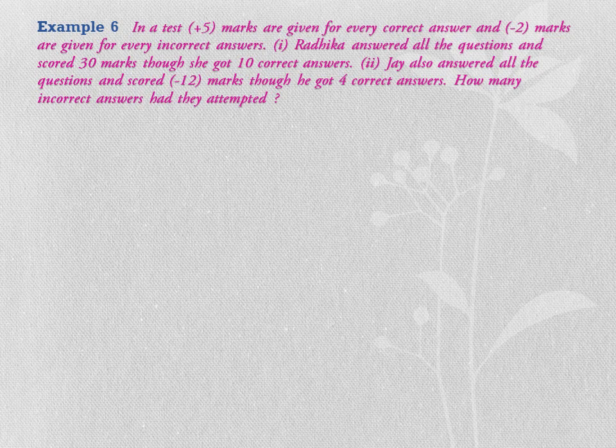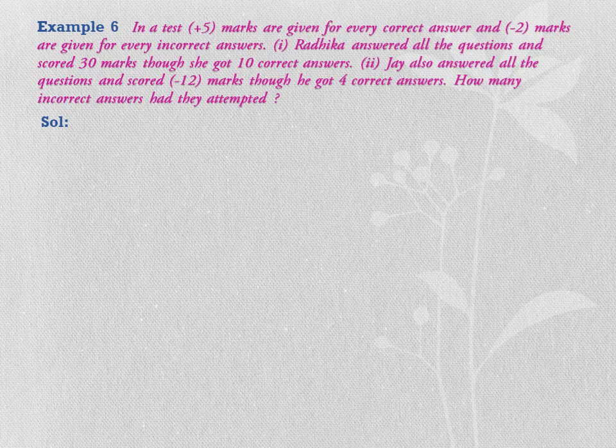Here we have to find out the number of incorrect answers they had attempted. For that, both of their total scores are given and the number of correct answers they had attempted is also given. First, Radhika's question we can find out.